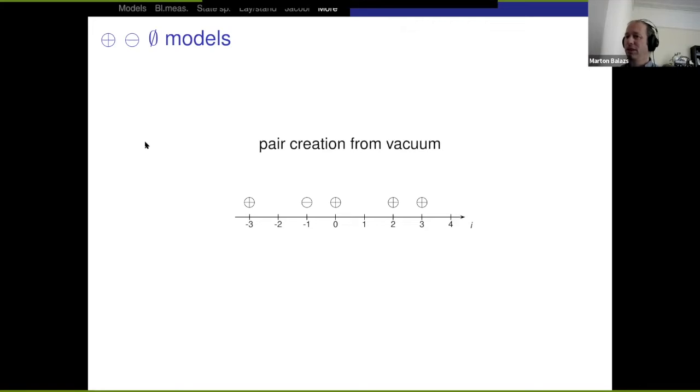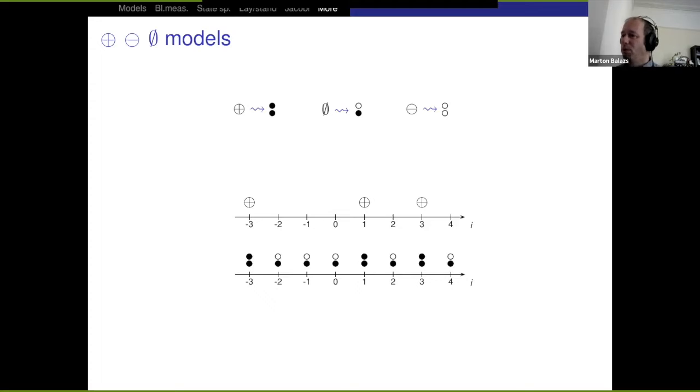So from nothing, you can create a pair. Minus moves to the left, and then minus and plus can annihilate. So these are the jumps. This is the totally asymmetric version. So you could also do this to the left, but this was the totally asymmetric jumps. So everybody to the right only. You can also have the left jump similarly.